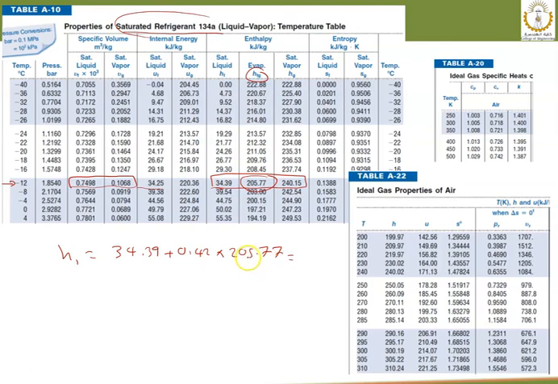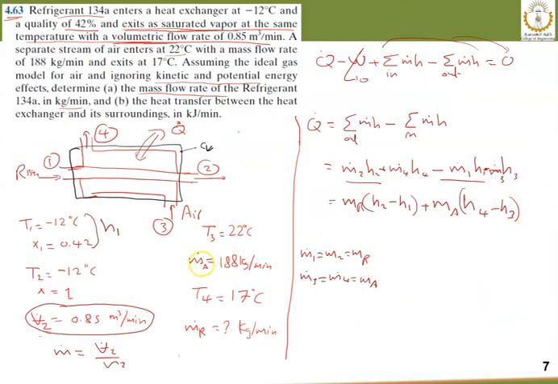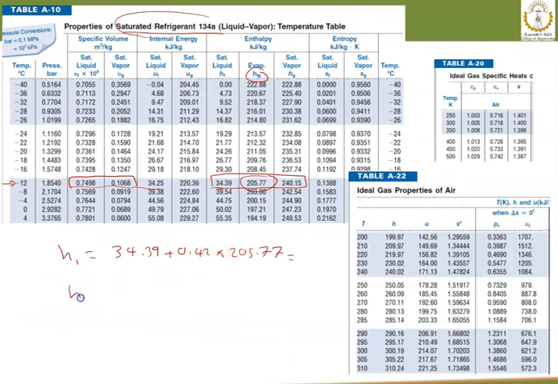This will give us h1. h2 is at the same temperature with x equal to 1, so h2 is simply hg, saturated vapor, 240.15 kilojoules per kilogram.